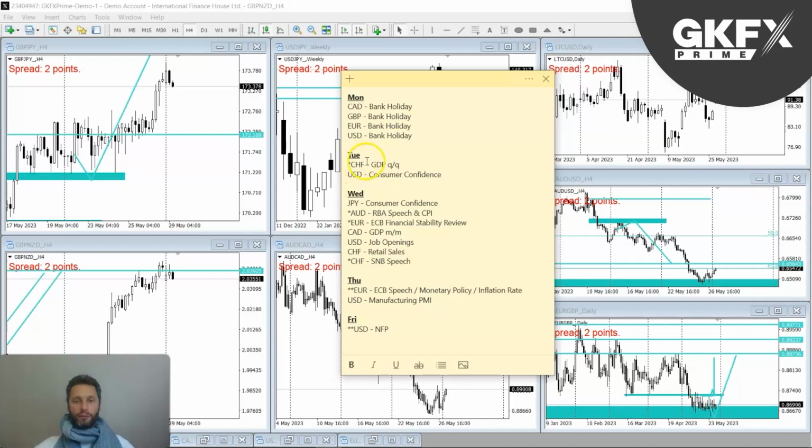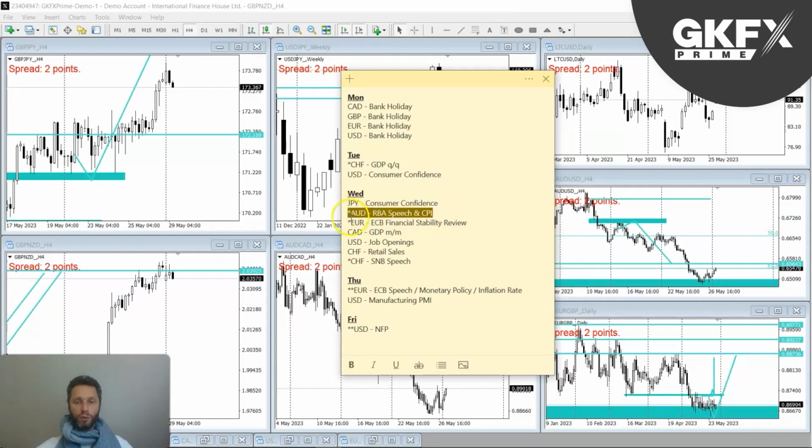Tuesday, we have from Switzerland the GDP on a quarterly basis, and on the dollar, consumer confidence results as well. Then on Wednesday, as usual, into the middle of the week, things get a little bit more interesting: the yen consumer confidence, from Australia the Reserve Bank speech and the CPI numbers.